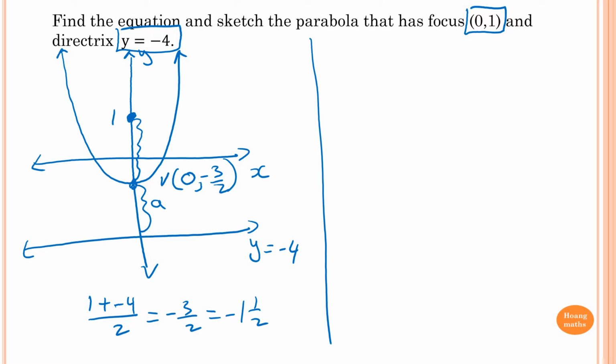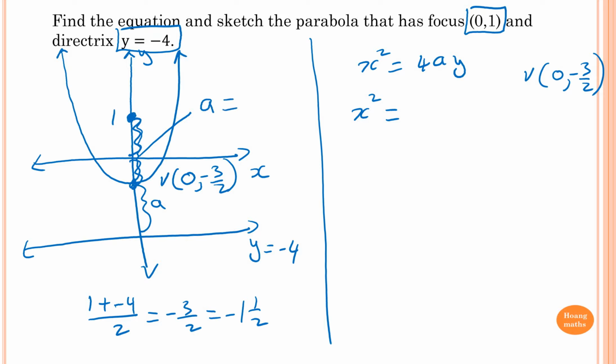Then we know that the general rule is x squared is equal to 4ay. Now the vertex is (0, -3/2), the x coordinate doesn't move, so x squared is still the same, and then 4 times a. To find a, from here to here is 1 unit, and you go another 1.5, therefore 2.5.